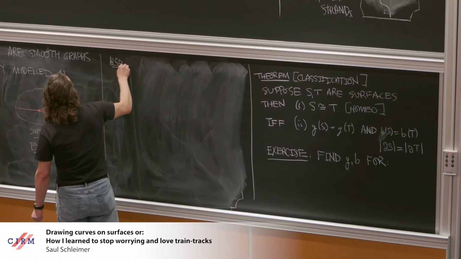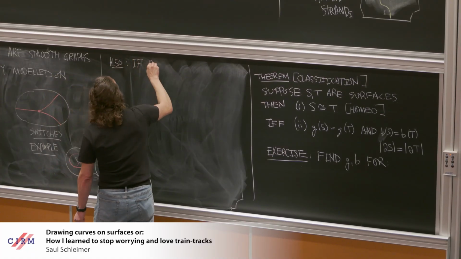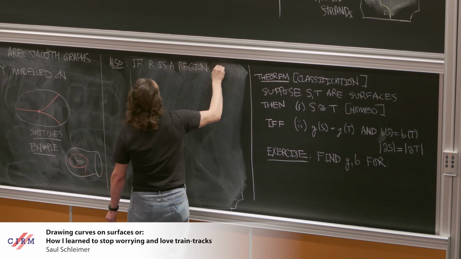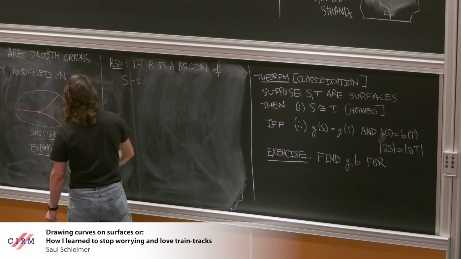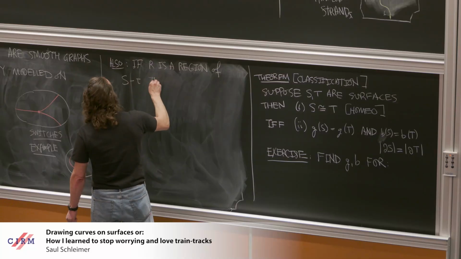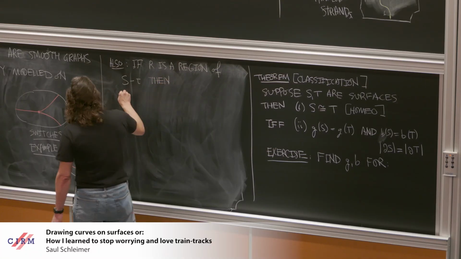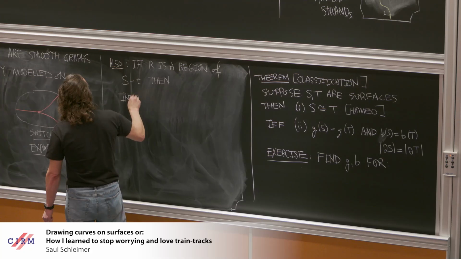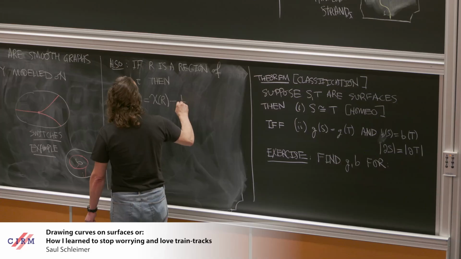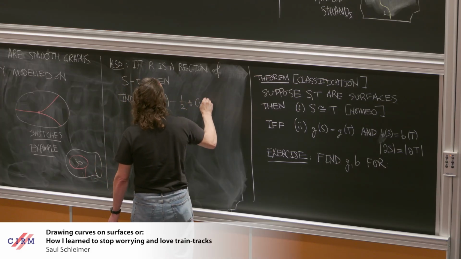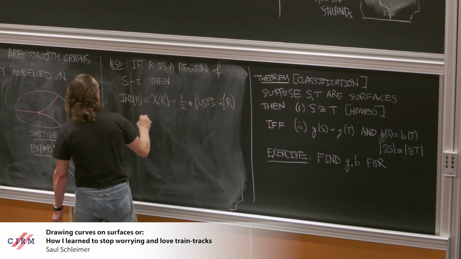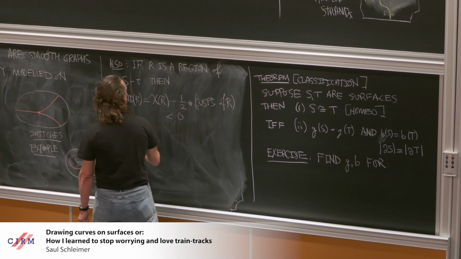Also, if R is a region of S minus tau, strictly speaking, I need to take the compactification in the induced path metric, then the index of R, which is defined to be the Euler characteristic of R minus 1/2 the number of cusps, and I'll draw a picture, must be less than 0.